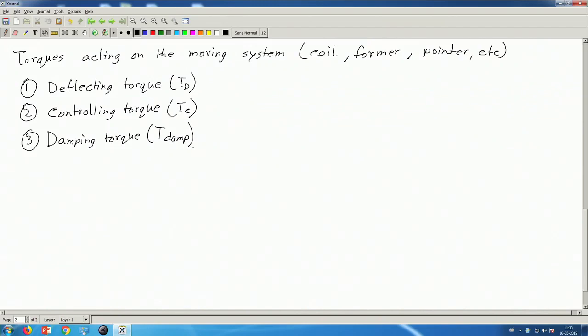Okay. Now, what do these torques depend on? This controlling torque depends only on the position of the coil, so it depends on theta, that is the angular position of the moving system.